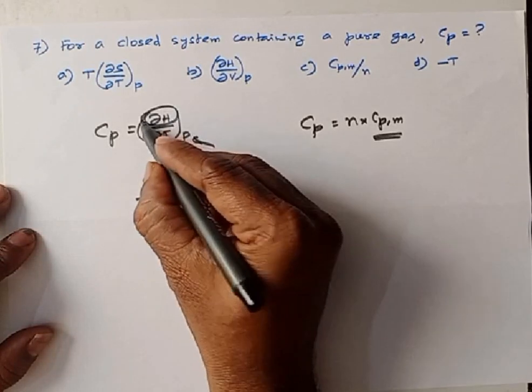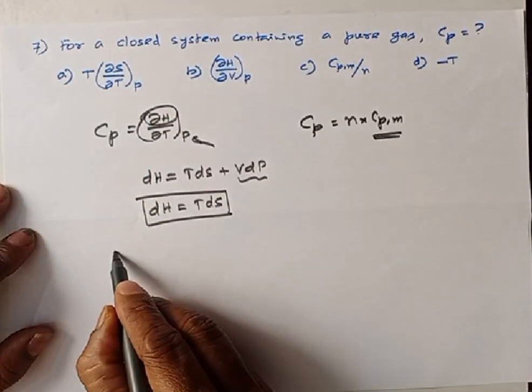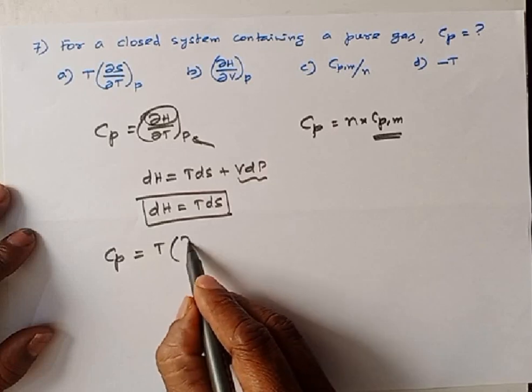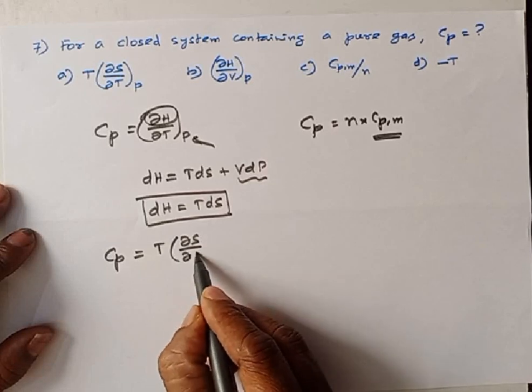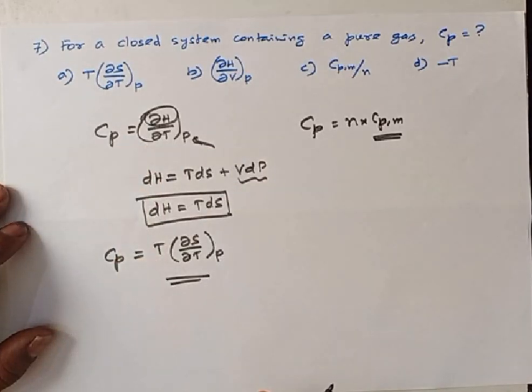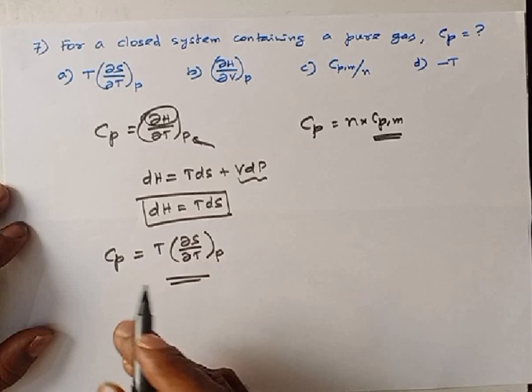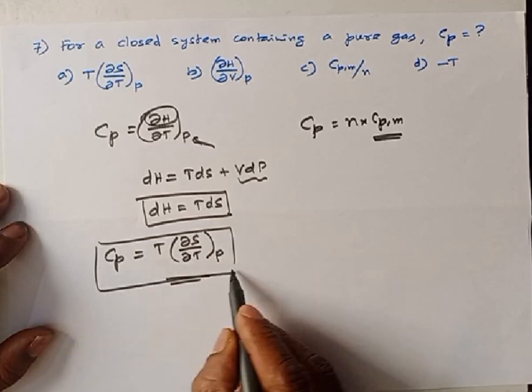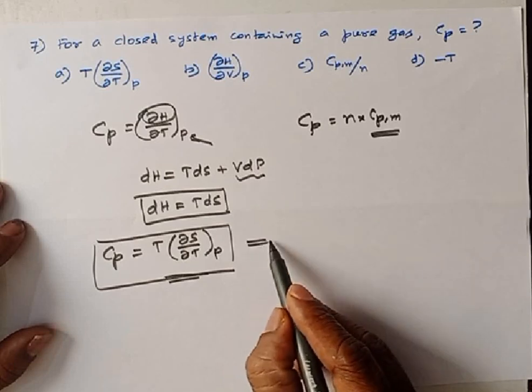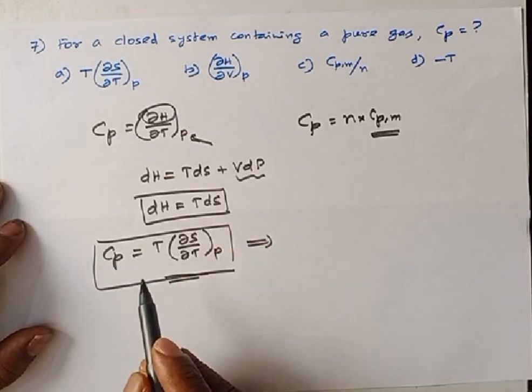In the place of dou H, I'll put TdS. So what we get is Cp equals, keeping temperature outside, T into dou S by dou T at constant pressure. This is another way of getting Cp. This equation is very applicable in this case.